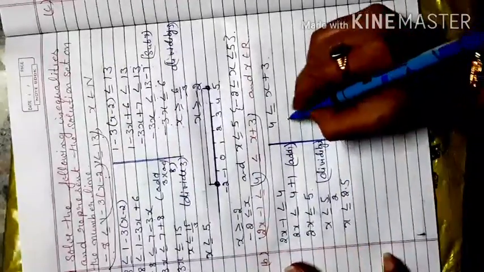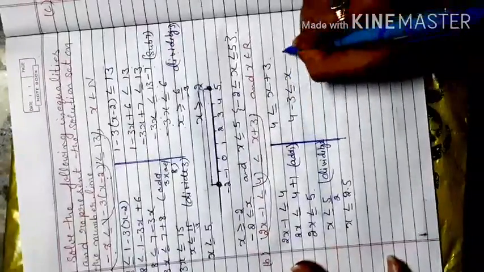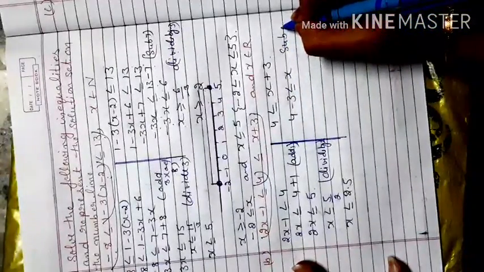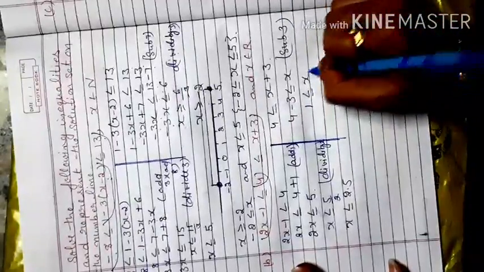So here also when you solve that one, 4 minus 3 less than equal to x, subtract 3, 1 less than equal to x.